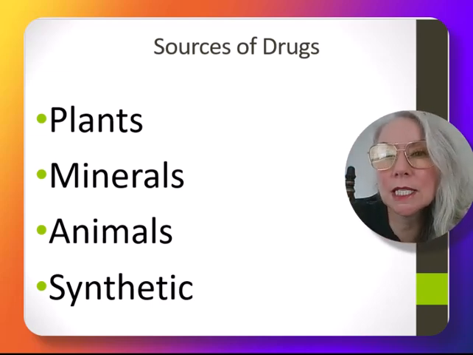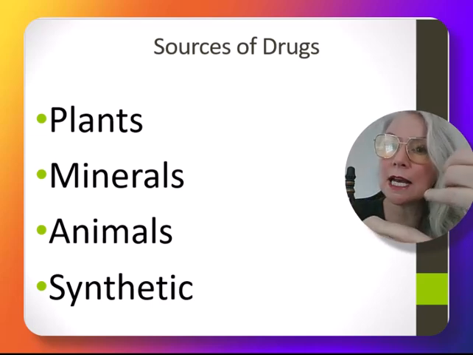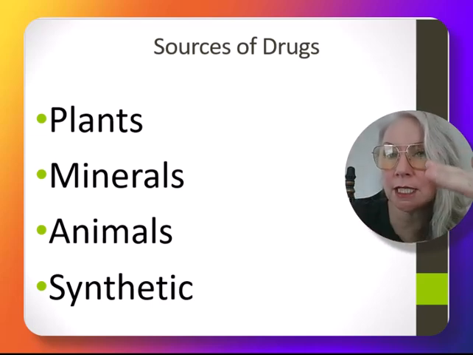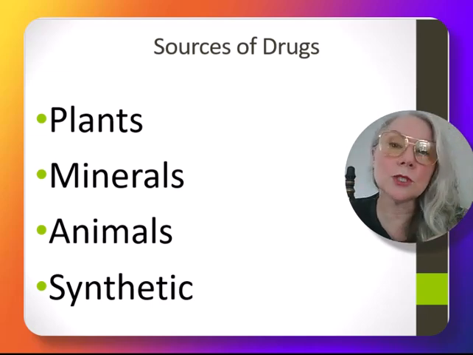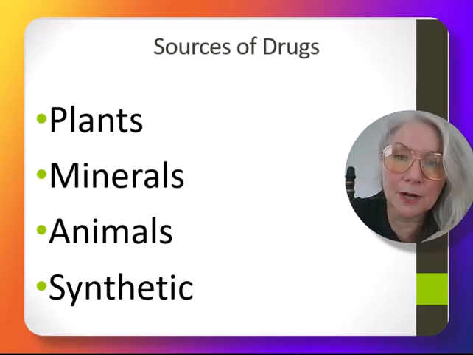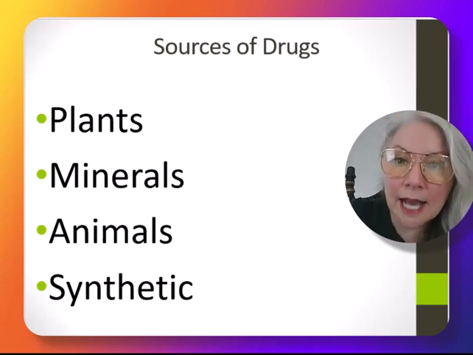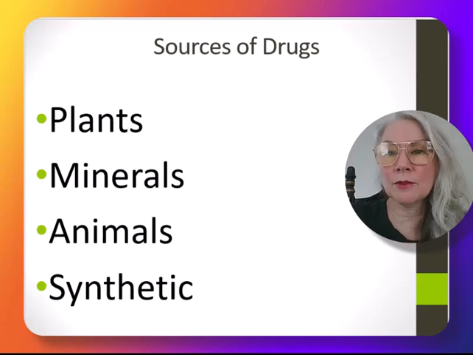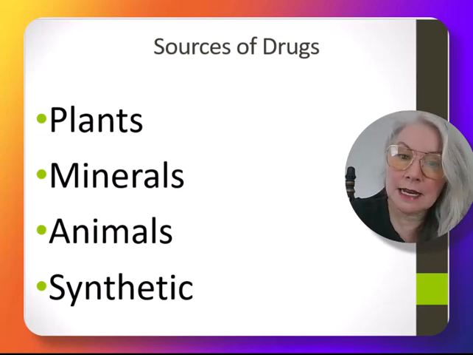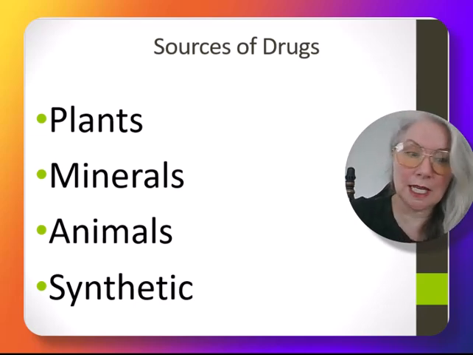Animals, we used to get insulin from bovine, which is cow, or porcine, which is pig. So we used to actually have to slaughter animals to get insulin from them. But now insulin is created synthetically in the lab, and the majority of the medications that we take now are synthetically created within a lab.